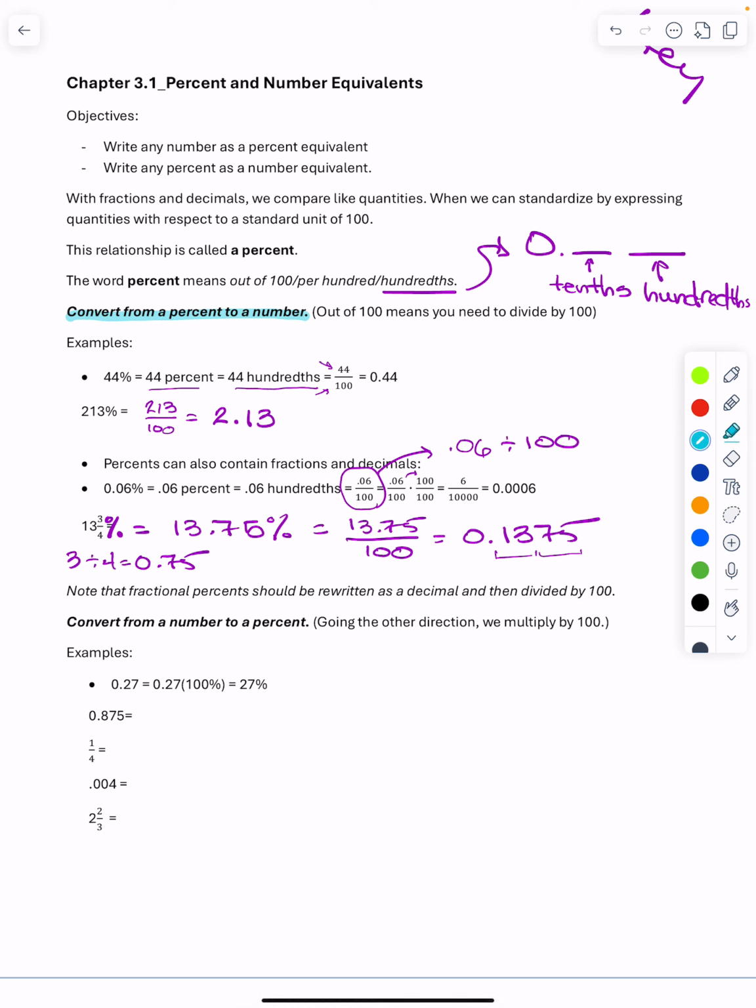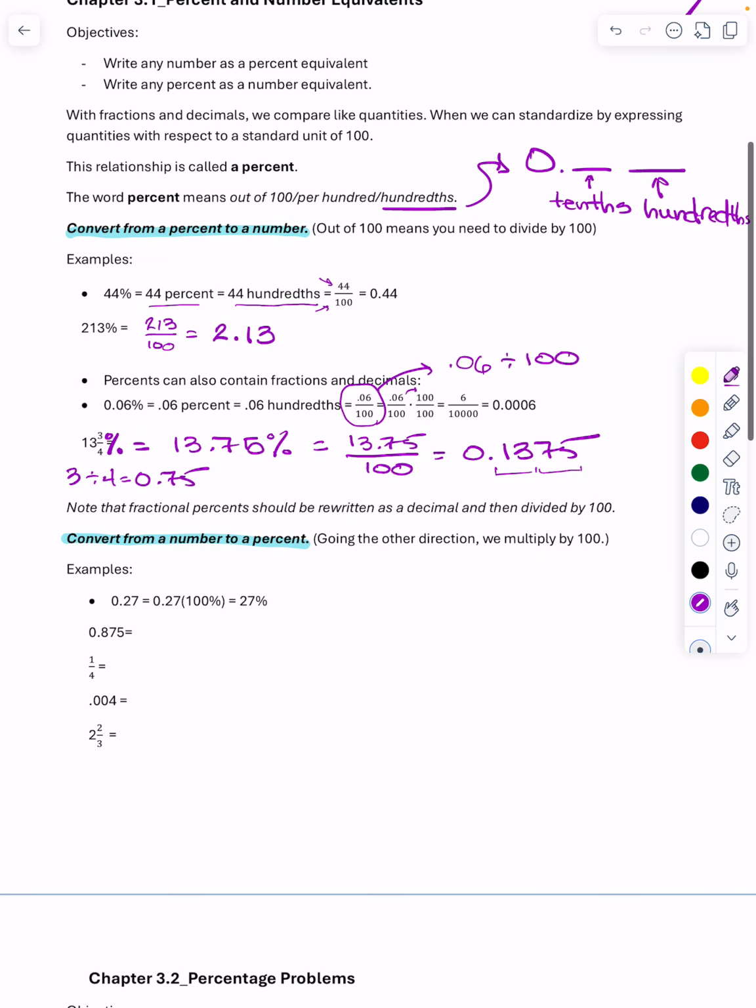Going the other way, converting from a number to a percent. When we converted from a percent to a number, we divided by 100. We put that part over 100. If we are going the other direction, we have to do that inverse operation. So instead of dividing by 100, we are going to multiply. This feels fairly straightforward, and students tend to like this more. You've got to remember, though, which is the number, which is the percent.